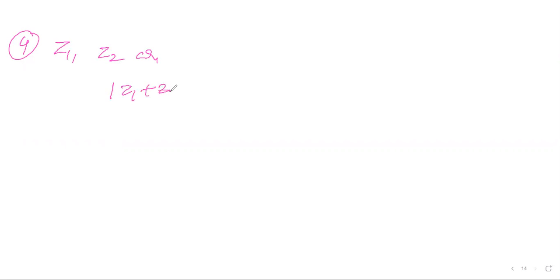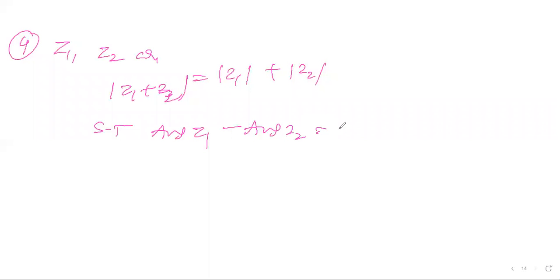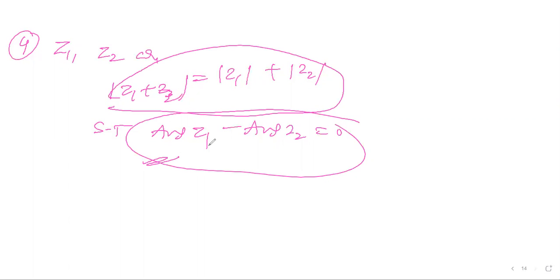Modulus of z1 plus z2 is equal to modulus z1 plus modulus z2. This is the condition. You need to make one proof. What you need to show is arg z1 minus arg z2 is 0. This is what they're asking, and you need to showcase that.